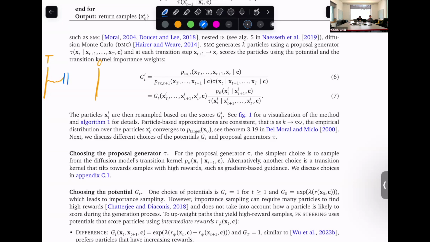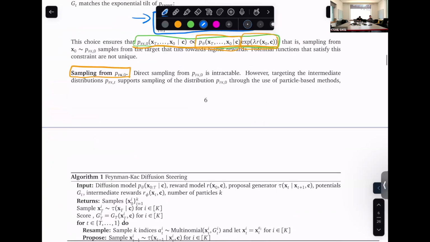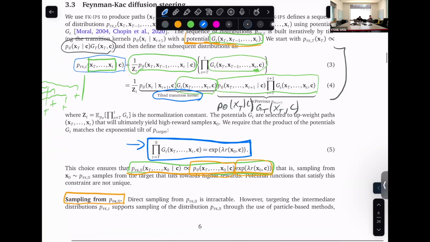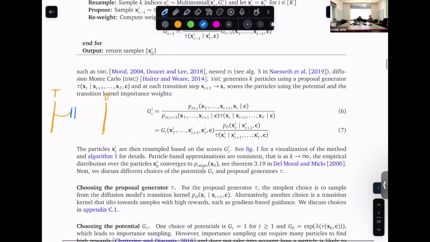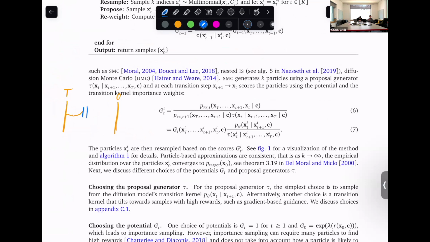Do they call this S and T here? No, they call it just T and T plus 1. Previously they had this S and T up here, but now they just call it T plus 1.